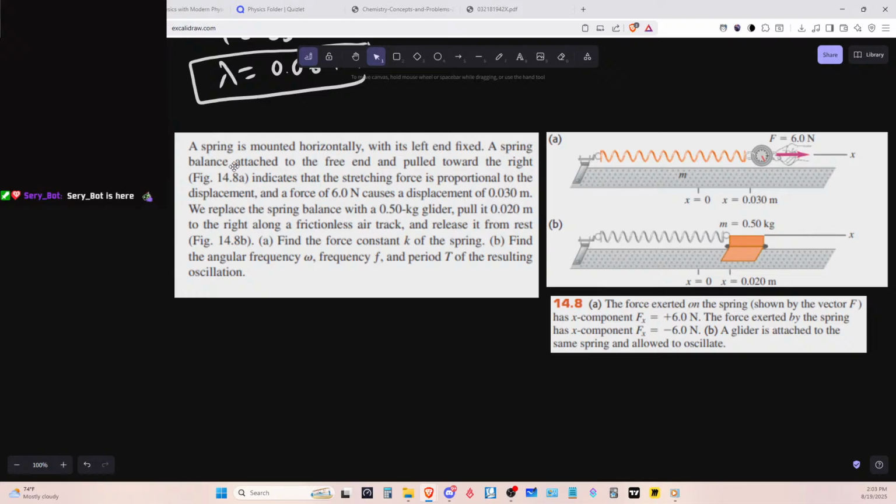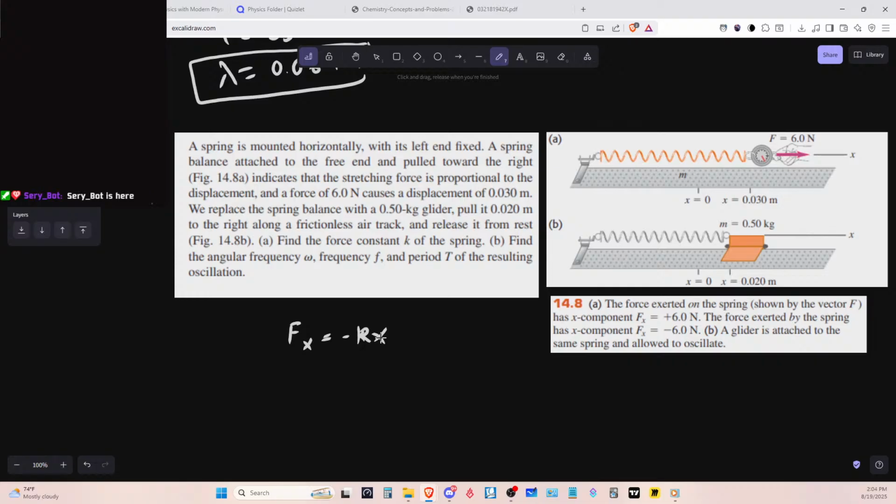Horizontally, a spring attached. Okay, so we have like a mass right here. Indicates that the stretching force is proportional to the displacement. The force is, so I'm just gonna write Hooke's law because that's what we have, and it's kx.